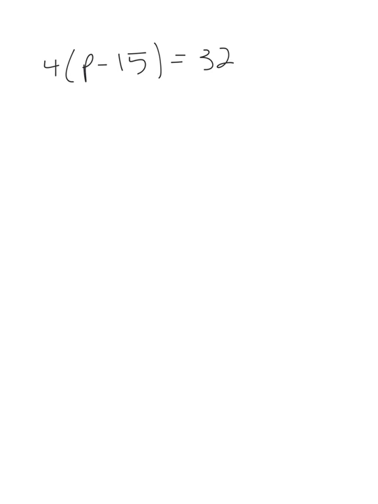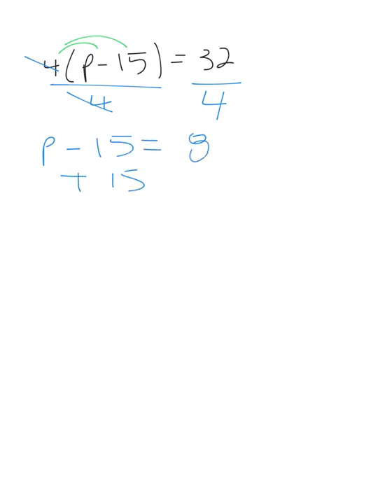You might look at this problem and say, well, I guess I could go ahead and distribute, or if you remember, you could just simply divide everything by 4. Those would cancel out. You have p minus 15 is 8. Add 15 to both sides, and p is 23.